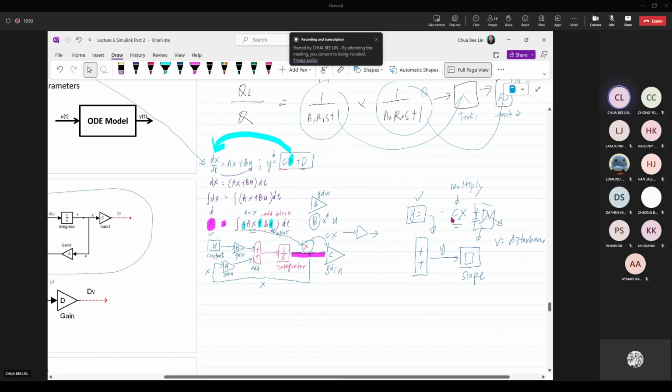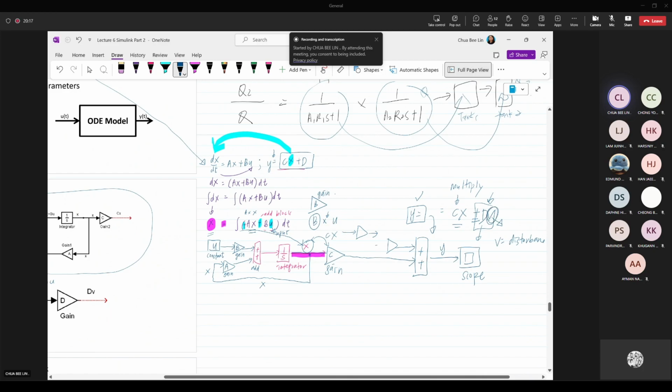Multiply means the C must be in the gain block, already done. So this one goes in here. Then I'll be having Cx plus dV. So go inside, you'll be having a gain of this one, you'll be having dV. So for the dV, the D will be the gain because it is multiplication again, and V is the disturbance.